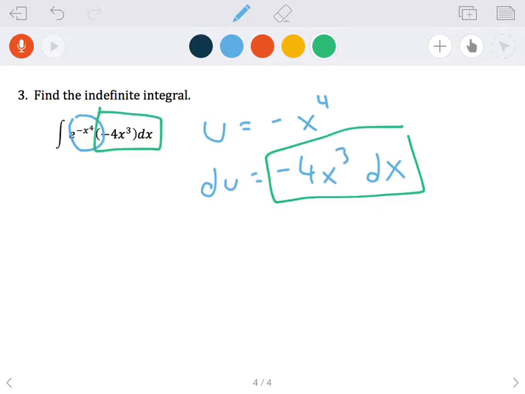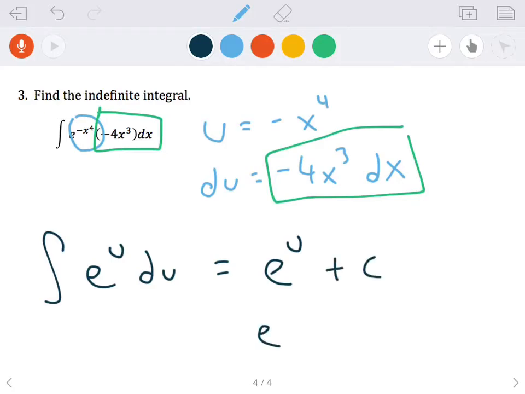I can replace that with du, so I can rewrite my integral now as the integral of e to the u, and then everything in that green box was du. And integrating exponentials is as easy as taking the derivative. The integral of e to the u is e to the u. Just make sure you go back and plug in what u was.